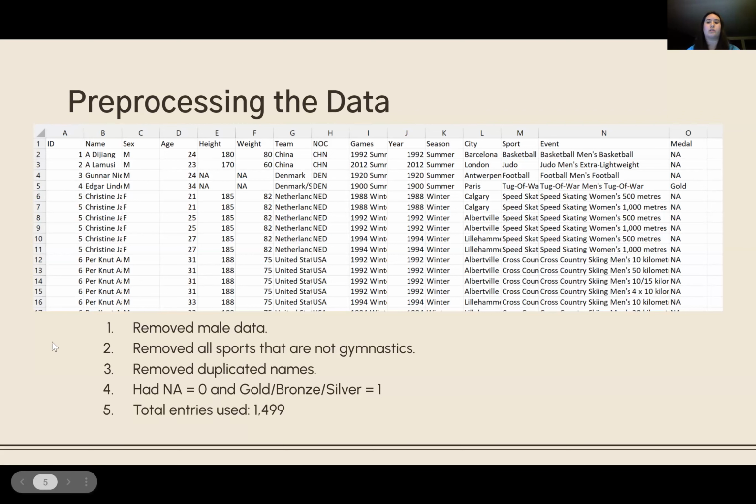And then also in the medal column, there are NAs, and I converted those NAs to 0, which means they did not win a medal. And gold, bronze, and silver I set to 1, which means they did win a medal. And then the total entries after all the pre-processing was 1,499 entries.